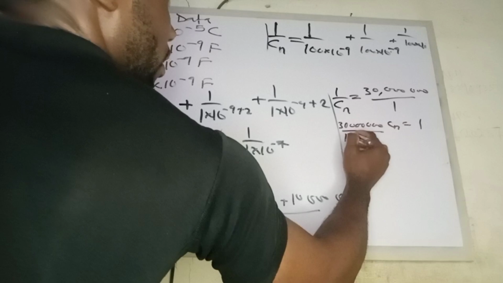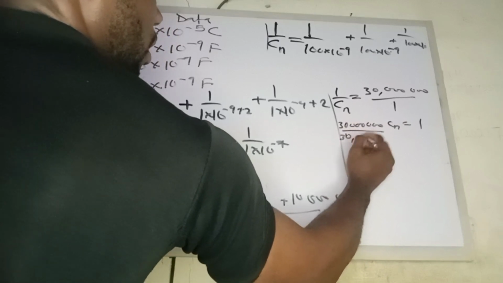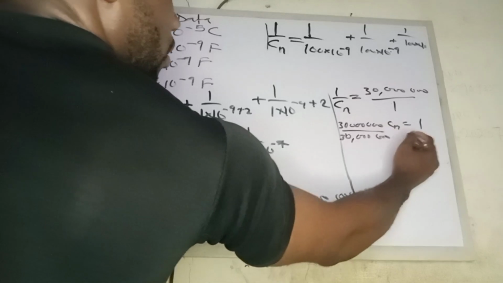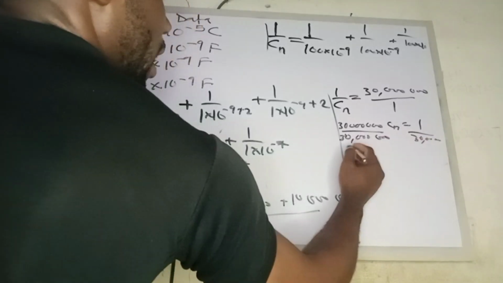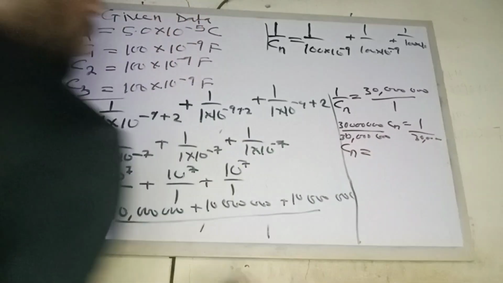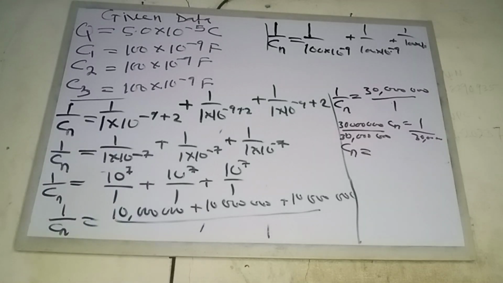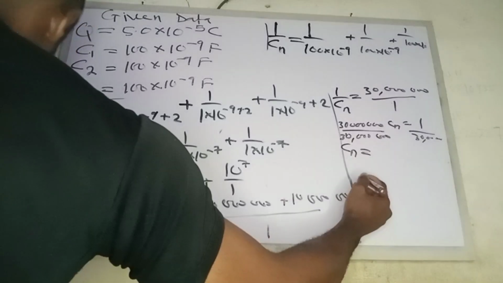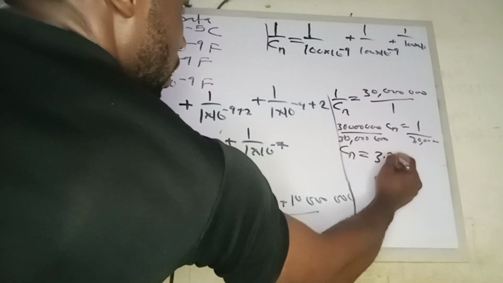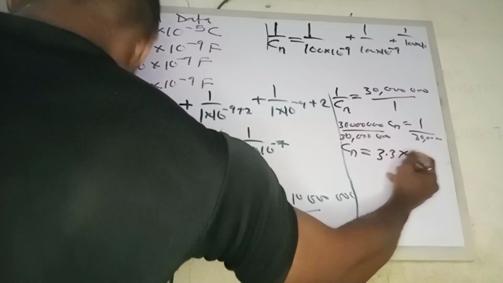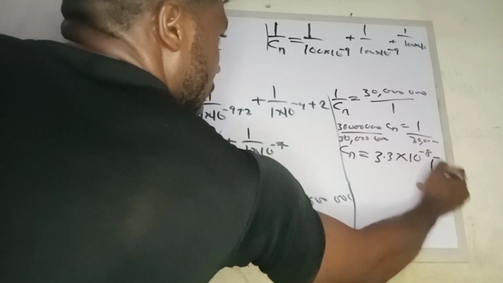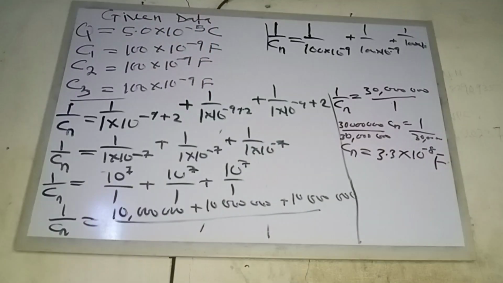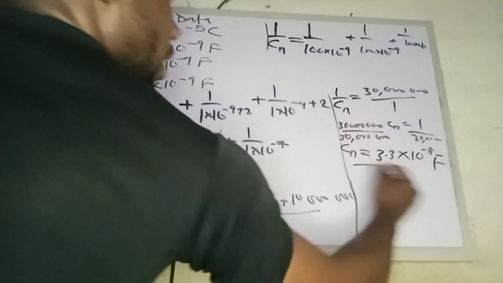Divide both sides by 30 million. So 1 divided by 30 million gives our Cn to be 3.3 times 10 raised to the power of minus 8 farad.